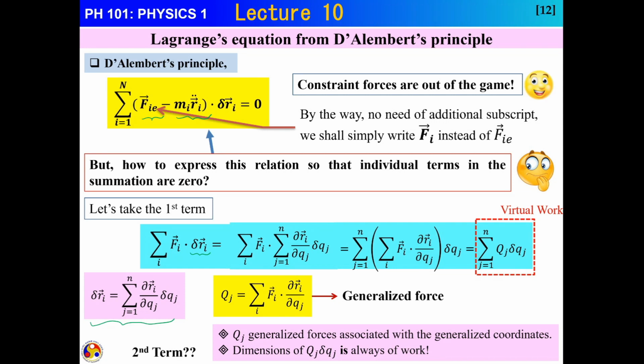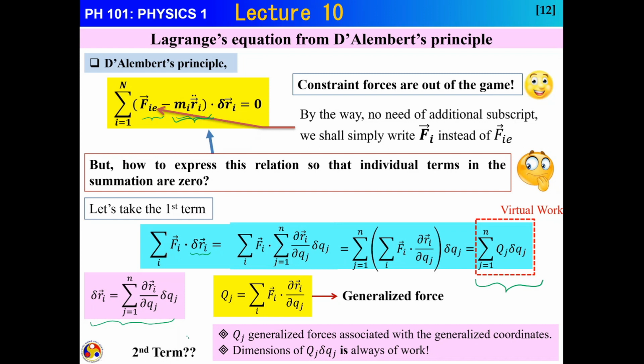So the Qj are called generalized forces associated with these generalized coordinates. And obviously the dimension is going to end up giving you work. That's anyway no problem. So we have derived the first term of D'Alembert's principle in this functional form. Now we have to find out what the second term is.